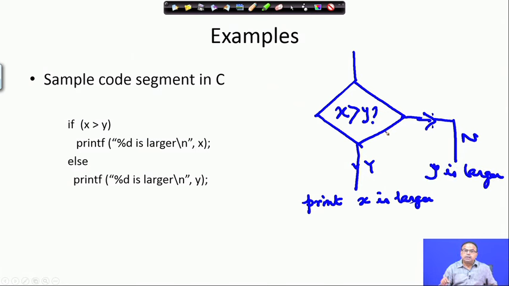So, that sort of situation, how will that translate into C language?